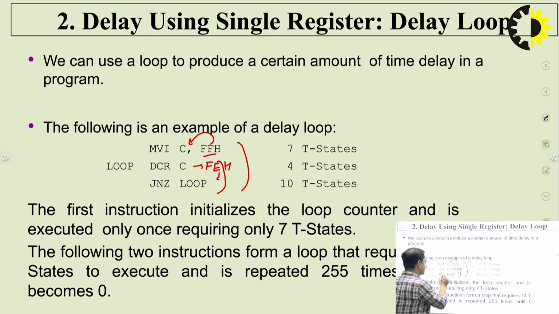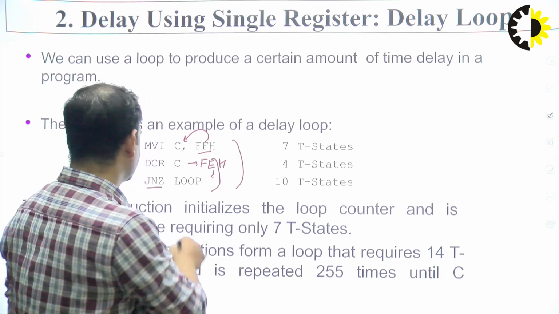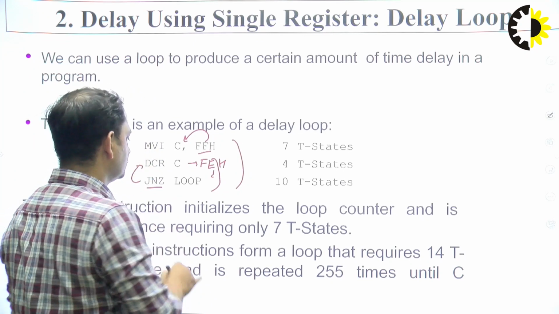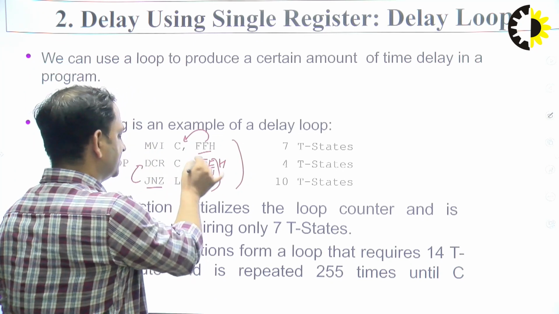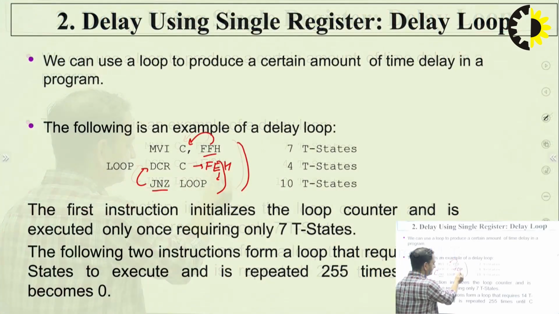Then JNZ loop. What does JNZ signify? It signifies jump if not zero. So as long as the value is not 0, the loop will execute: FE, then FD and so on, down to 0.